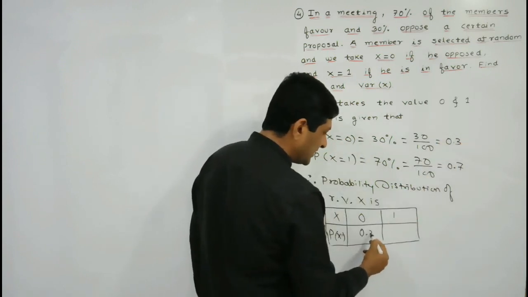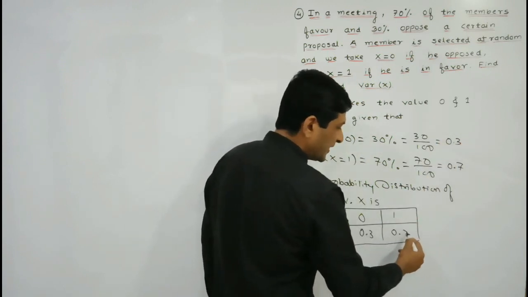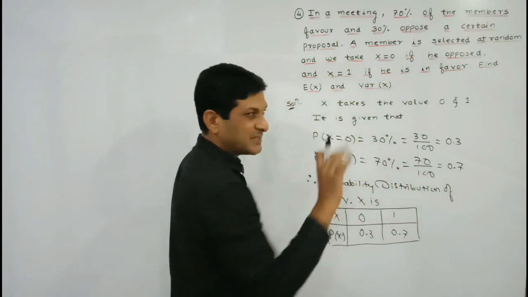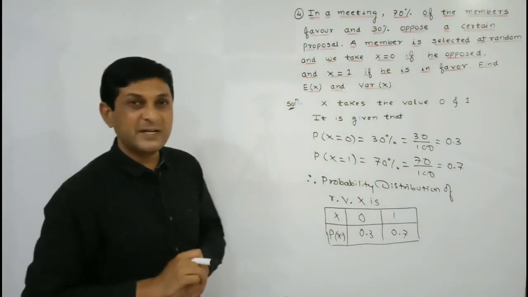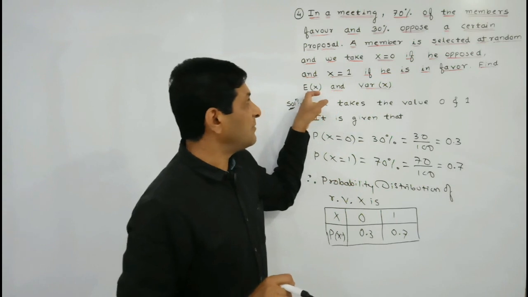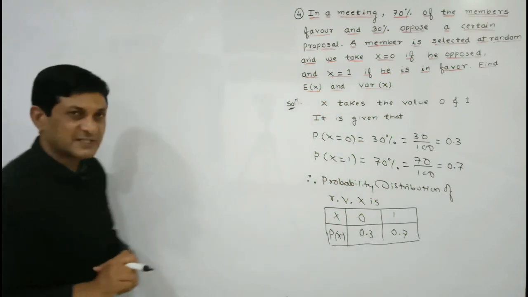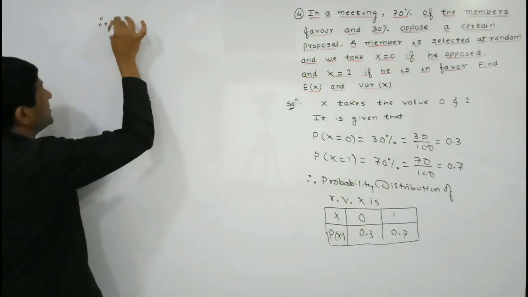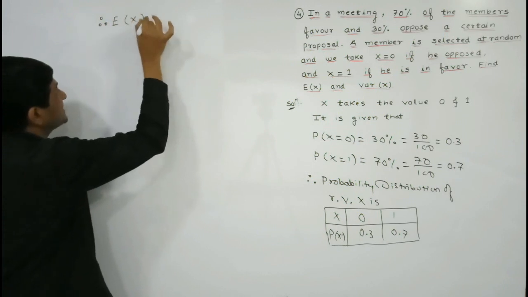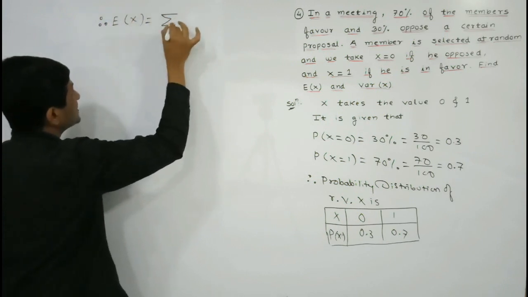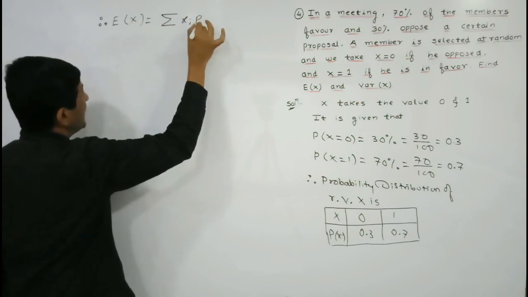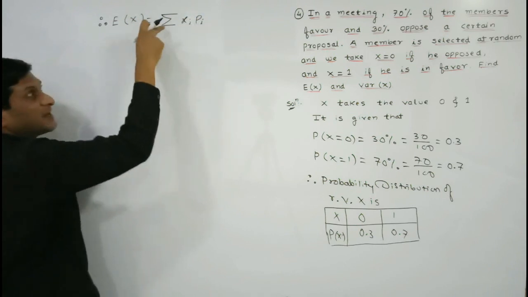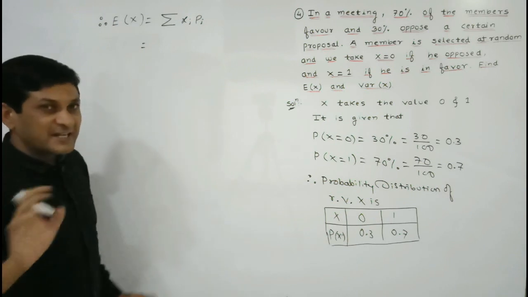It is 0.3, and for 1 it is 0.7. Both the probabilities are known to us. Once the probabilities are known, now we are finding our first required value, E of x. So E of x will be equal to, as we have already applied this formula in many examples, the summation of xi into pi, means the sum of the product of the value of the random variable and its probability.